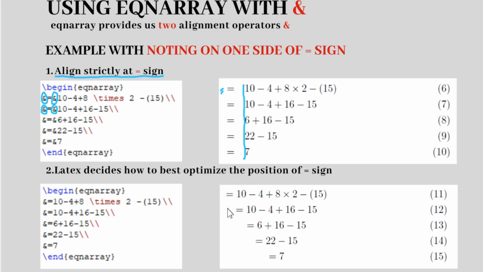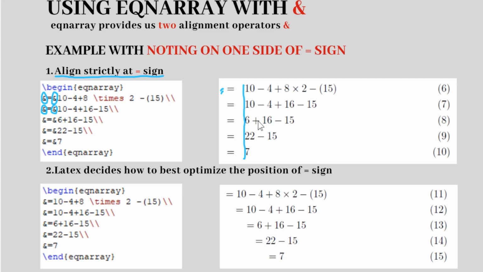When I have a number on the left hand side, the situation might be different, and this is what you will be doing with these ampersand operators. If your equations are of different lengths, some equations have numbers on both sides, some have numbers only on one side, then you have to play with this and see what output you want. And you will get some more understanding when we do some other examples.